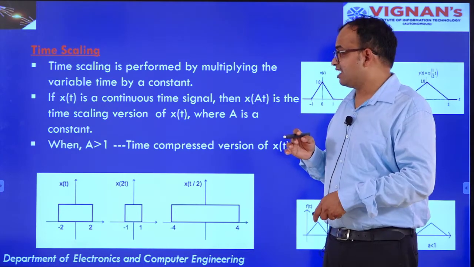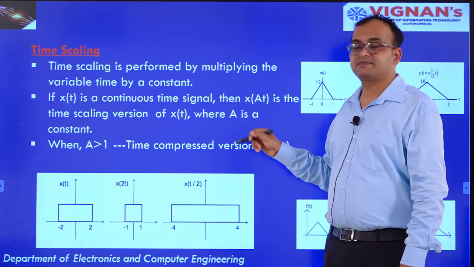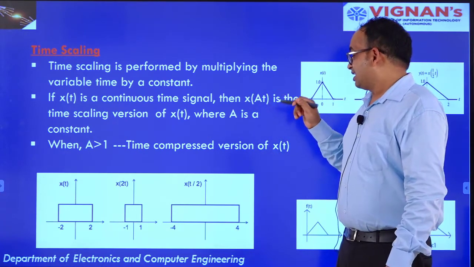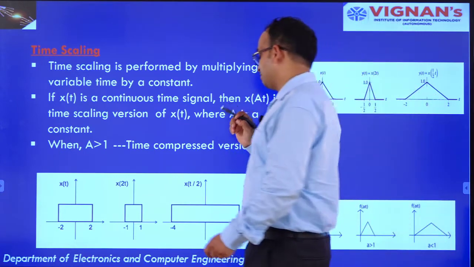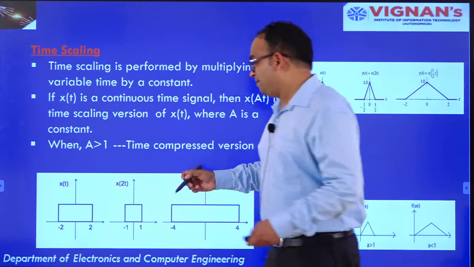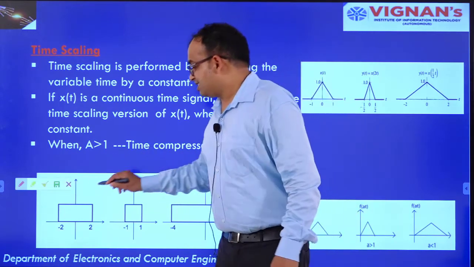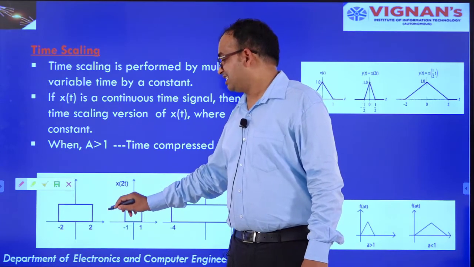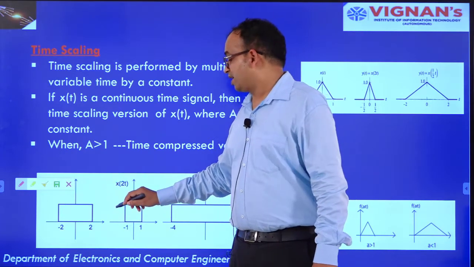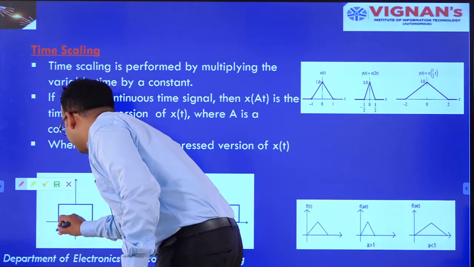When a is greater than 1, we get the time compressed version of x of t. Let us take an example. The first signal I have considered is x of t, where time is from -2 to 2. This x axis represents the time.